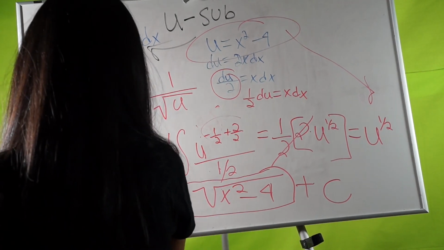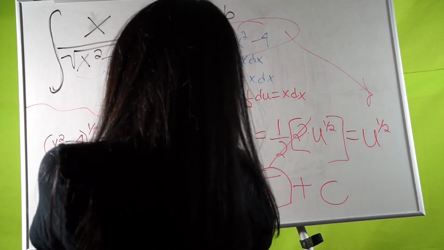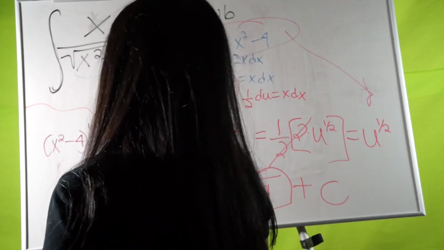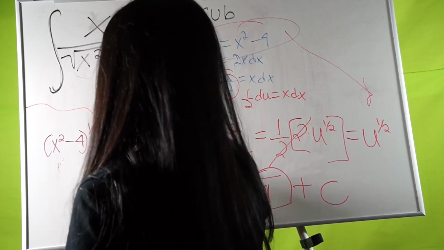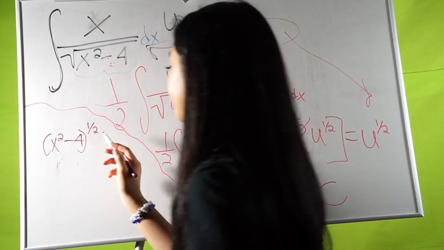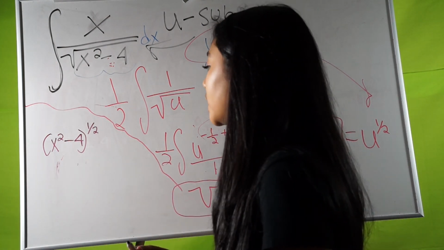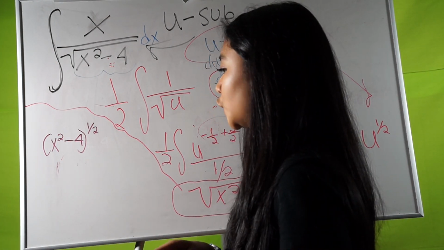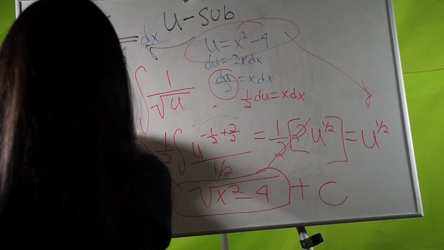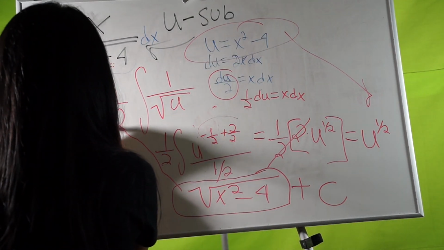Or actually, you know what? Let's do chain rule. So I was thinking logarithmic differentiation, but we're gonna do chain rule. So it's minus 2 over 2.